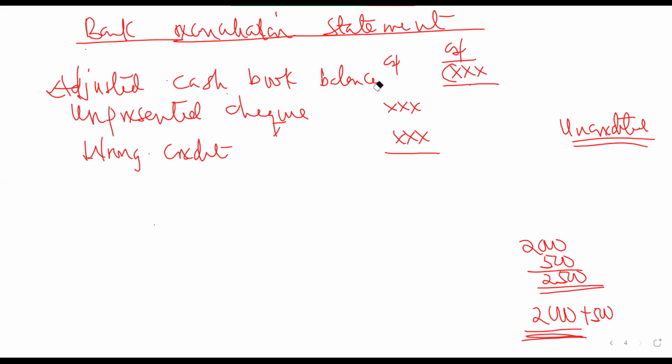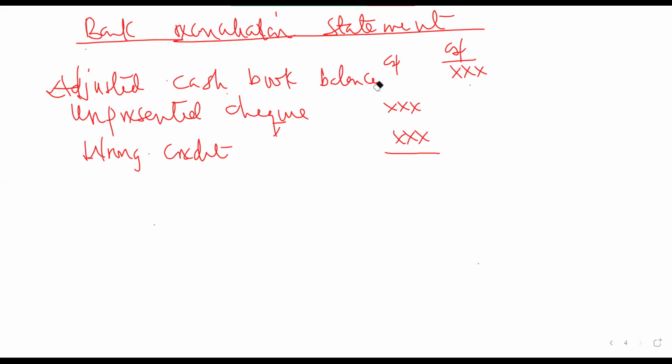So let me just see if I can get a question and show that. Okay, so we have amount wrongly credited. Then we can also have a situation where you make payments wrongly credited to a different customer, wrongly debited.